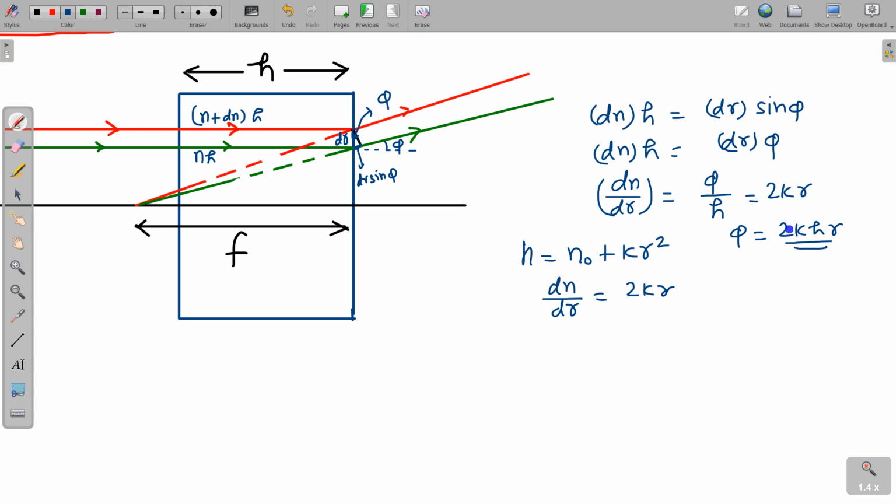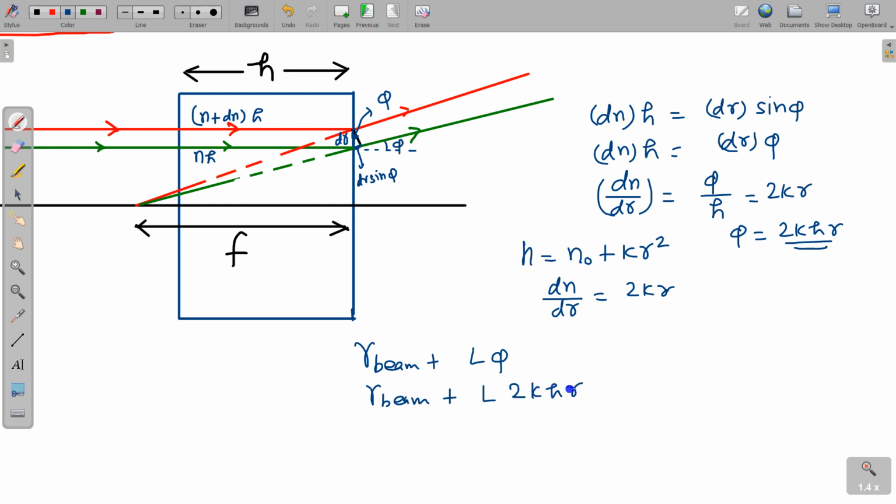So this is the value of phi, and from this phi we can again calculate the radius of this spot at a distance L. So what is the radius of this spot? It is the radius of the beam plus L into phi, and this phi is 2khr.